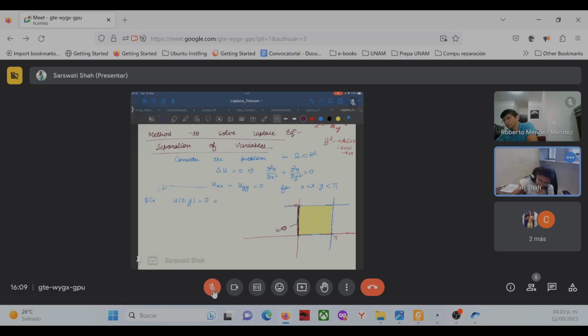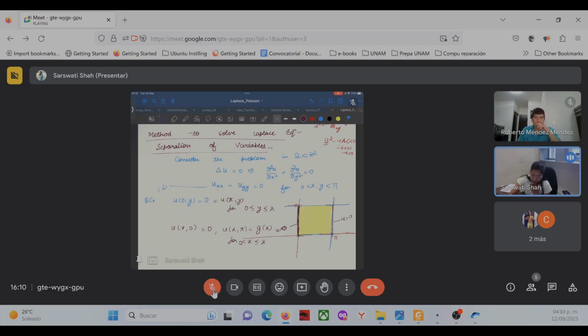The second is u(pi, y) = 0. So on this boundary u is 0 for 0 less than y less than pi because x has been taken as pi. Now u(x, 0) = 0 and u(x, pi) = g(x) for x lying between 0 and pi.